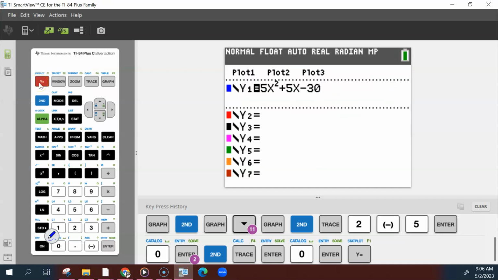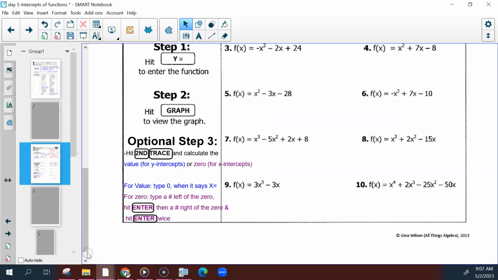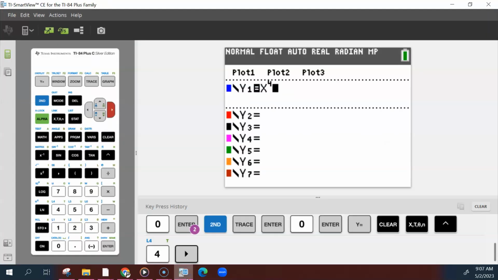In y equals, instead of using the squared, use the caret, hat, whatever you call it. Make sure you come down, go to the right, so you come down.